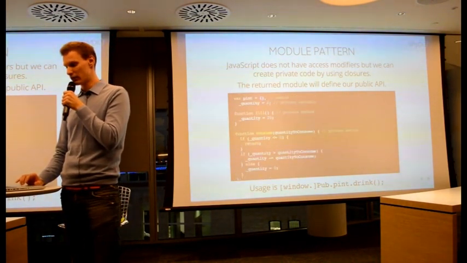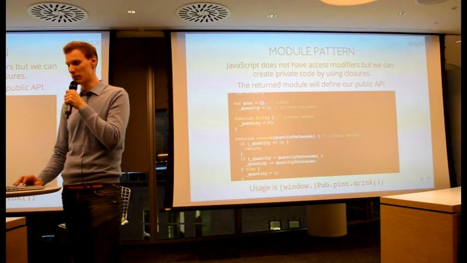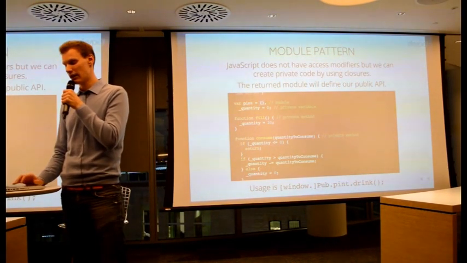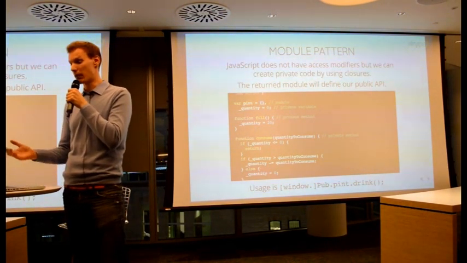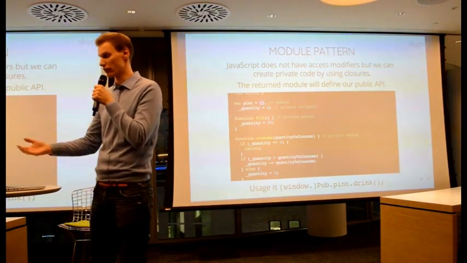But as we are not returning, for example, the underscore quantity variable, it will not be possible for the outside code to change or interact with these private variables, except in the ways that we want because of our public API.